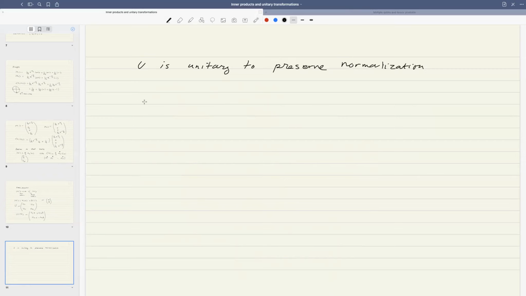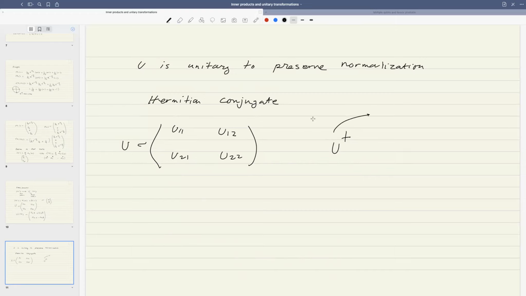So essentially, the Hermitian conjugate of a matrix is defined by transposing it and taking the complex conjugate. So if you have U equal to U11, U12, U21, U22, then the Hermitian conjugate, which we represent as a dagger here, is first I transpose it.